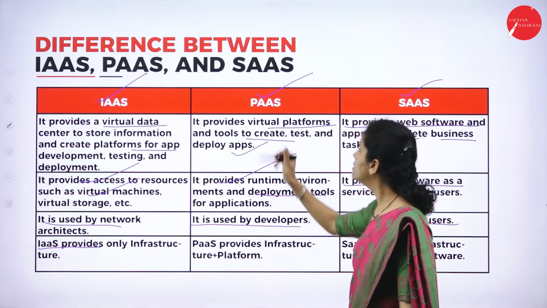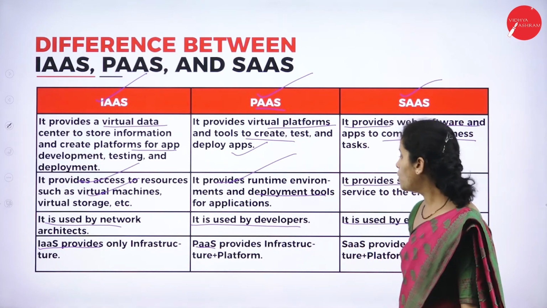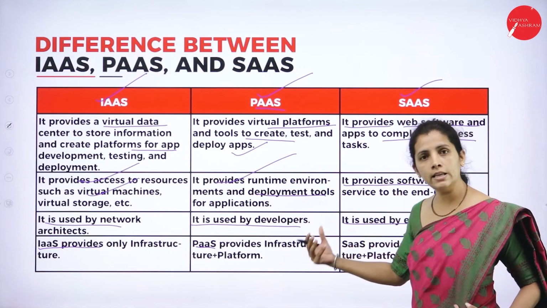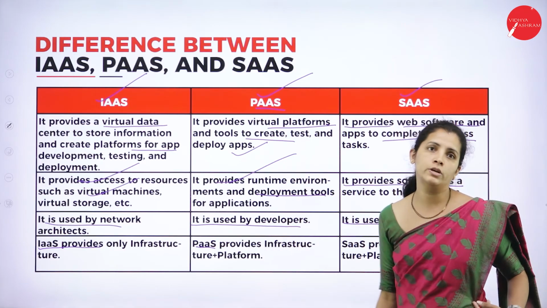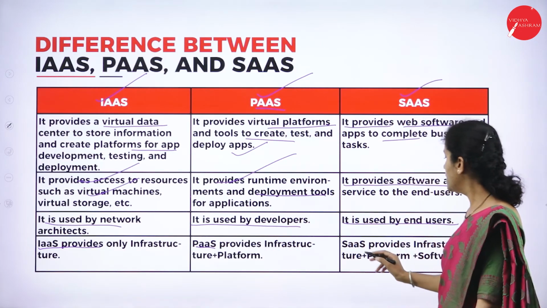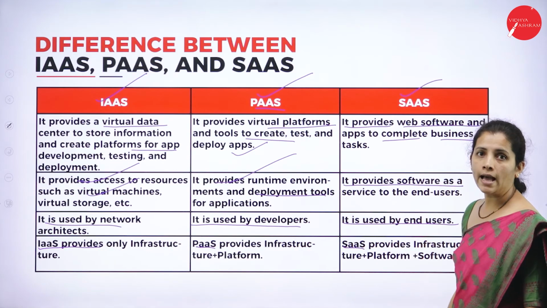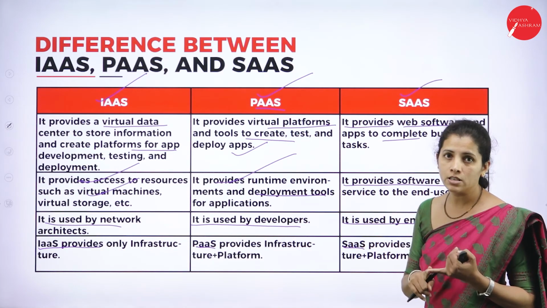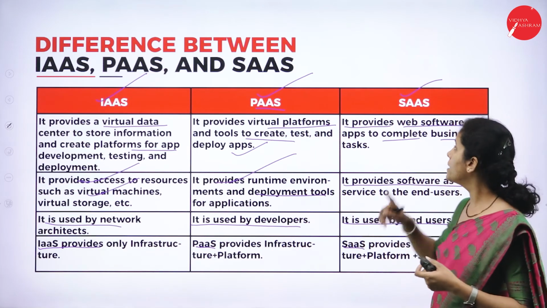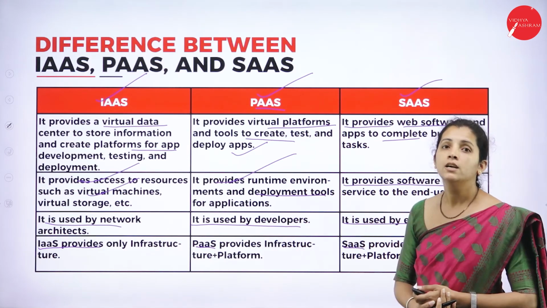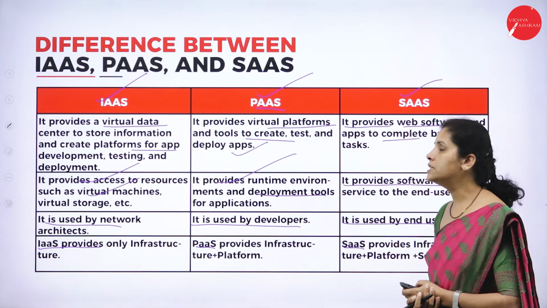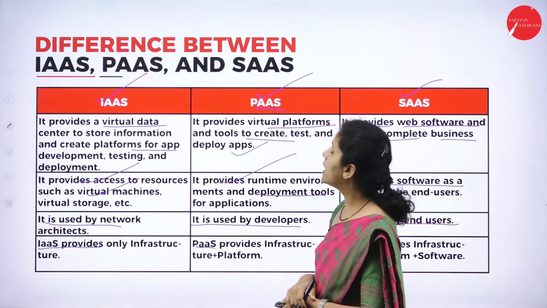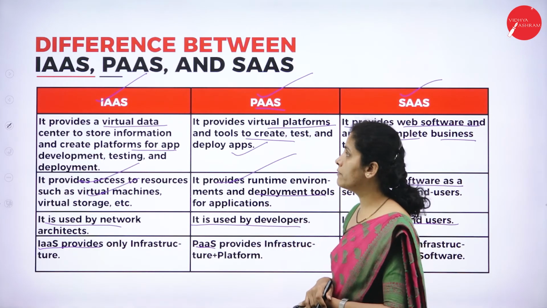PaaS provides infrastructure as well as a platform, that means I get the infrastructure and at the same time the working platform. If I go with SaaS, that is application as a service, then I'm going to get the infrastructure along with the platform along with the software. So these are some of the differences between infrastructure as a service, platform as a service, and software as a service.